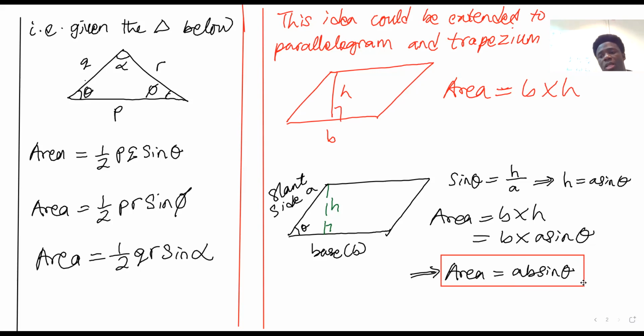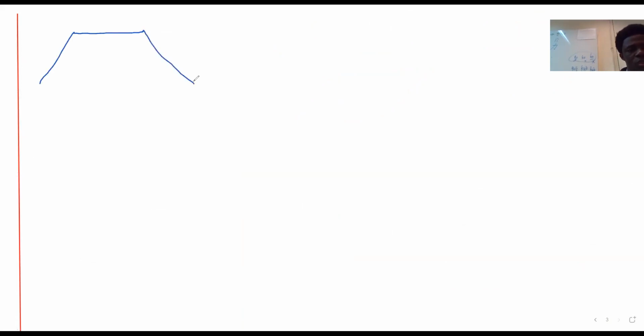Similarly, a trapezium. So I'll just quickly go through that also. You know what a trapezium looks like? A trapezium looks like this, right? So suppose you have, of course, we call these a and b, the formula for trapezium.